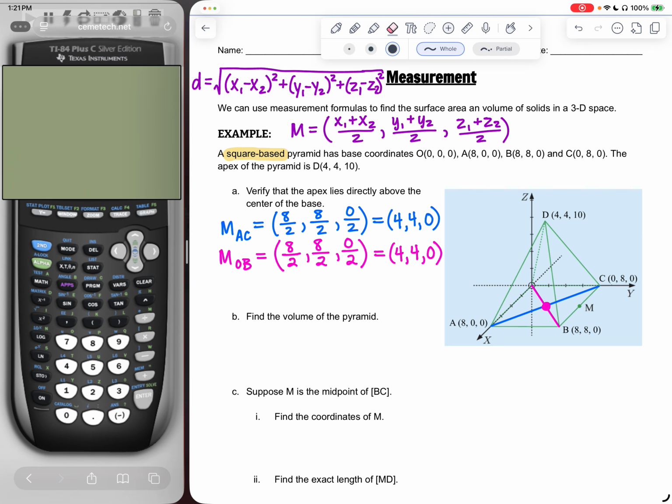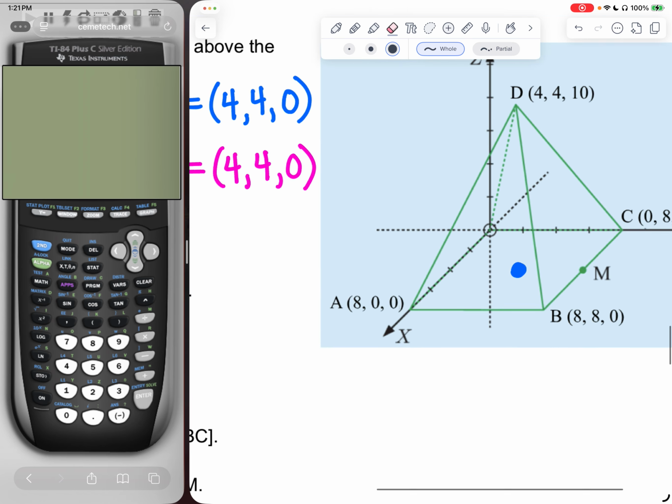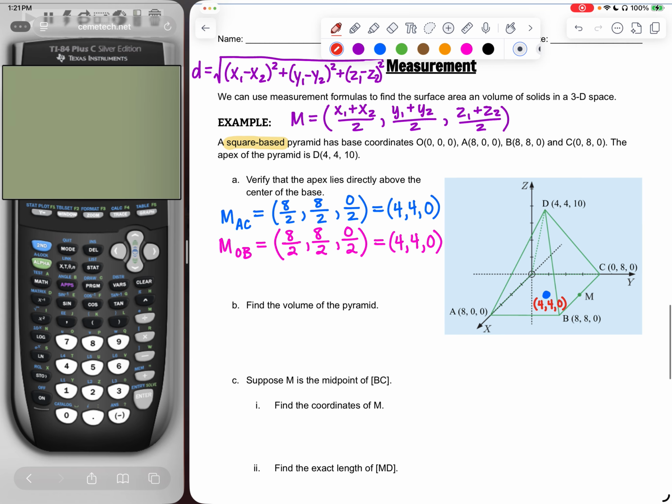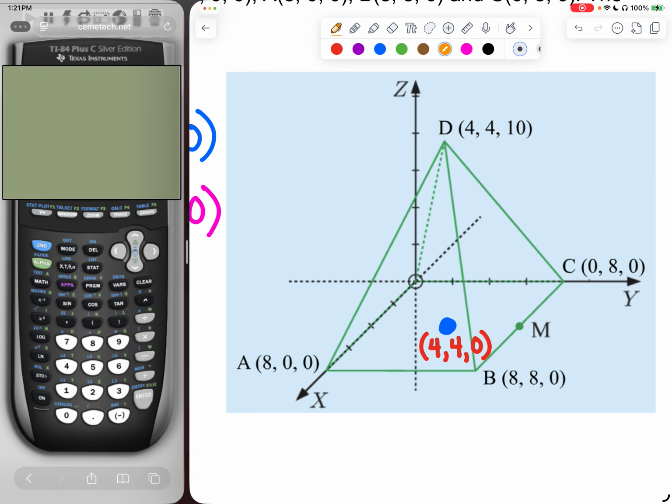They both overlap there. Because I know that that is my center, I can now label this point as 4, 4, 0. So now, in order to tell if the apex D lies directly above that center point, I need to pay attention to how everything is written.